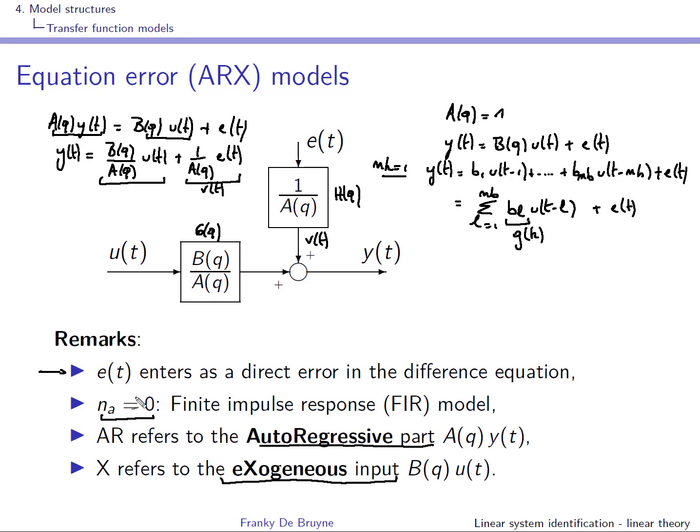So if you have na equal to 0, we have just shown that this corresponds to a finite impulse response. Okay, so a finite impulse response model is an ARX model where na is equal to 0. As soon as you take na different from 0, then you have an infinite impulse response model.